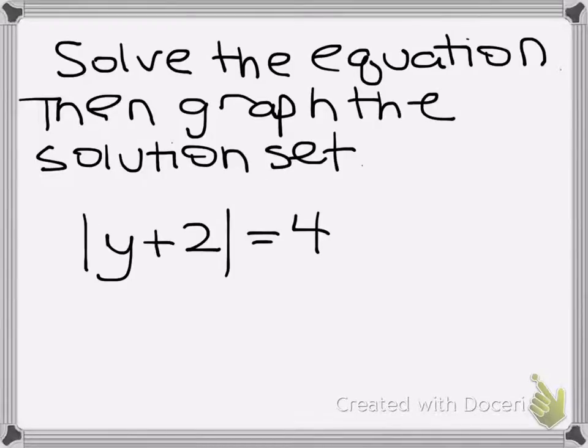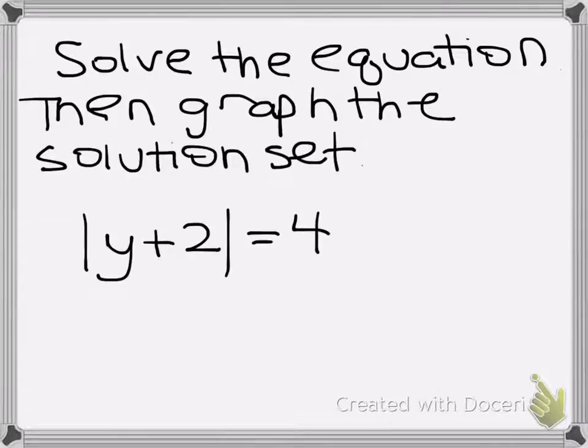Now we're going to solve the equation involving absolute value and graph our answer on a number line. When you have absolute value, you usually have two cases, the positive side of the number line and the negative side, so you're going to have two answers almost all of the time. To set up your answers, you would have two cases.